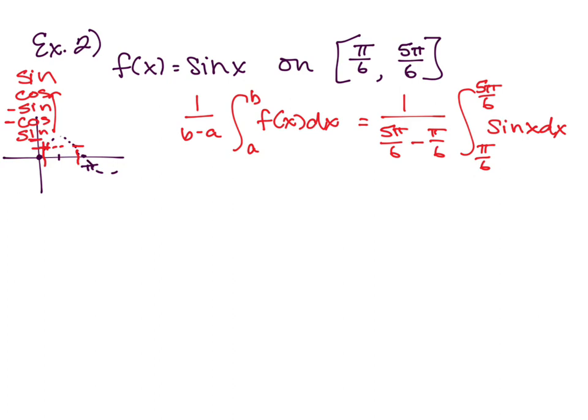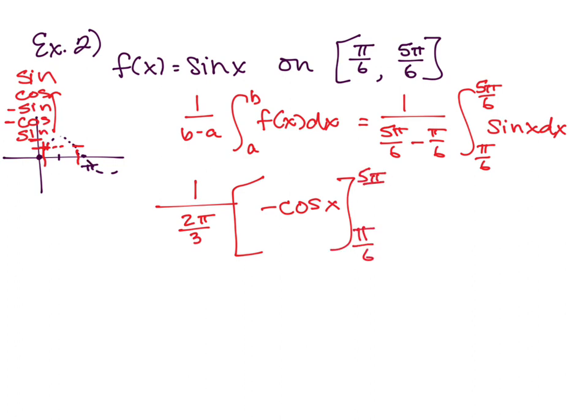When we integrate up, the antiderivative of sine is negative cosine. So what's 5 pi over 6 minus pi over 6? 1 over 4 pi over 6, which could be simplified to 2 pi over 3, times negative cosine x evaluated from pi over 6 to 5 pi over 6.